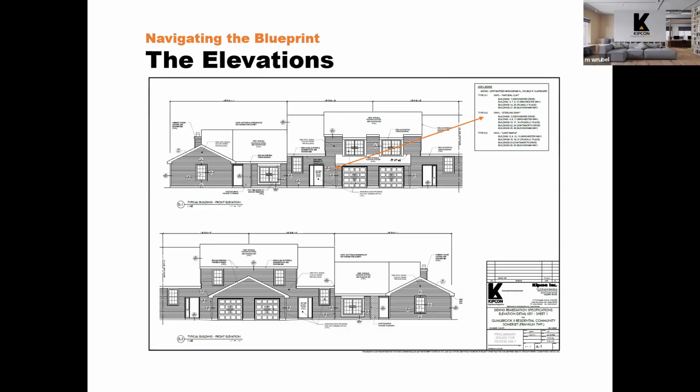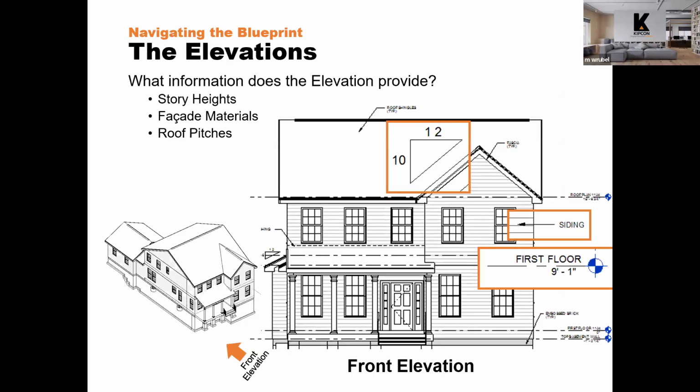And you'll see that there's a key in the upper right-hand side there that talks about the different types of siding that go in the different areas. Also, I'll go back a slide here. Also, information on these elevations might include roof slopes. Roof slopes are oftentimes included on the plan view of the roof that we discussed a few slides back, where you're looking straight down at the roof. Oftentimes, there will be roof slope information on that as well.